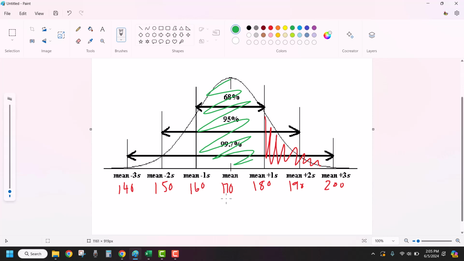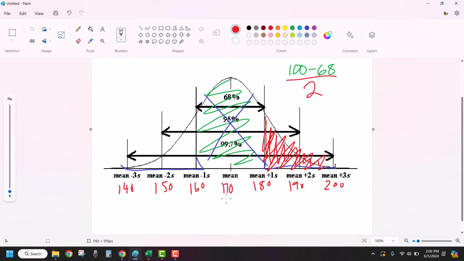And if I take 100% of the entire histogram and subtract the 68%, that's basically giving me the data that's in this part of the histogram and this part, because I took away this part here.